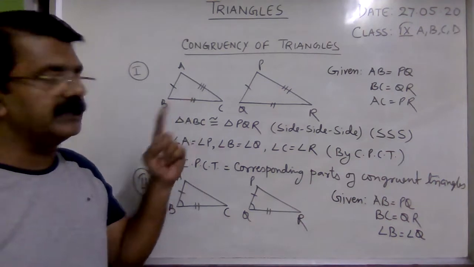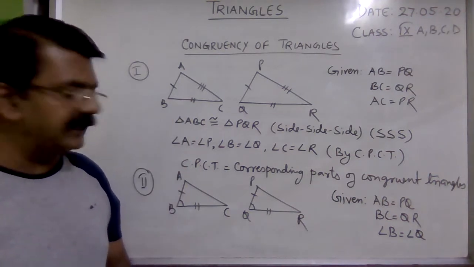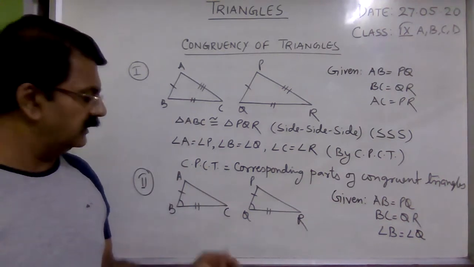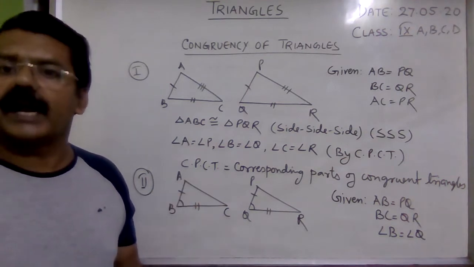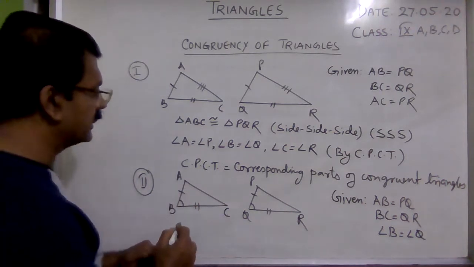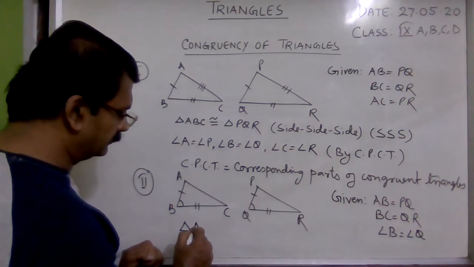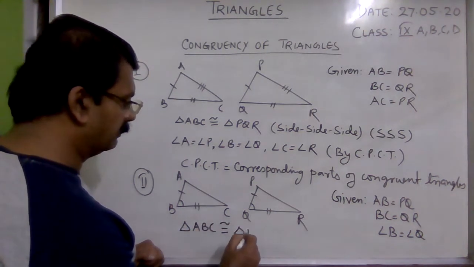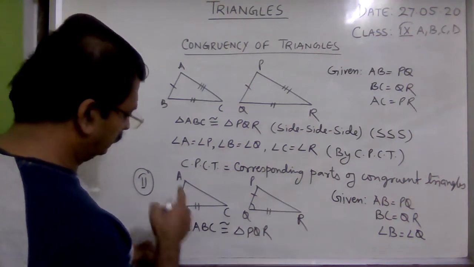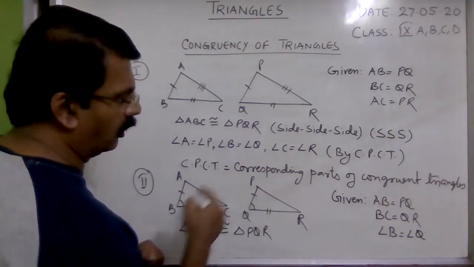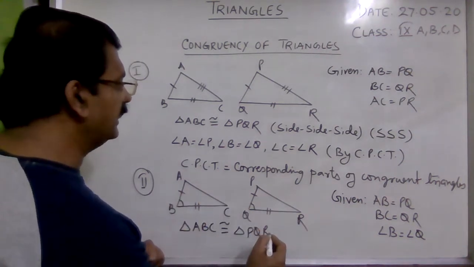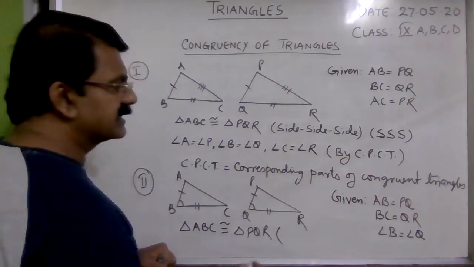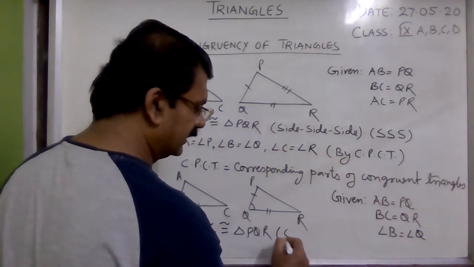In the first one, all three sides are given equal, and in the second one, two sides and the included angle are given equal. So again you can say that triangle ABC is congruent to triangle PQR, maintaining the order of the vertices, and now this is called side angle side criteria.